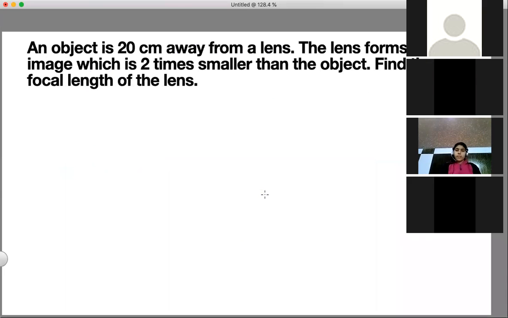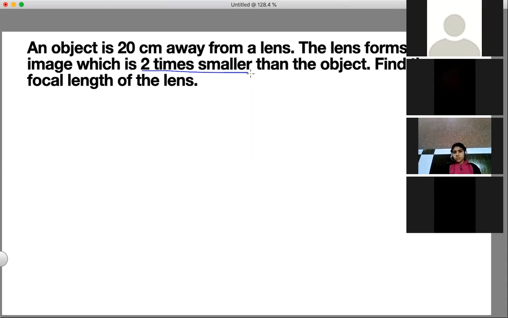Okay, an object is 20 centimeter away from a lens. The lens forms an image which is 2 times smaller than the object. Find the focal length of the lens. How will we do this now? See, the image being formed is 2 times smaller. Yani ki diminished image है. Now the problem starts. Because it's a diminished image, we are not told if it is real, right?